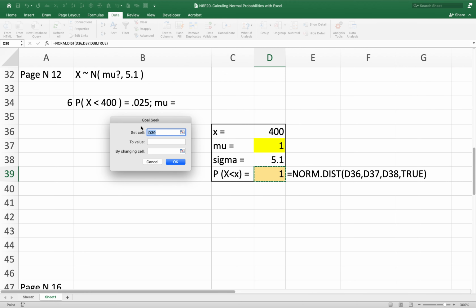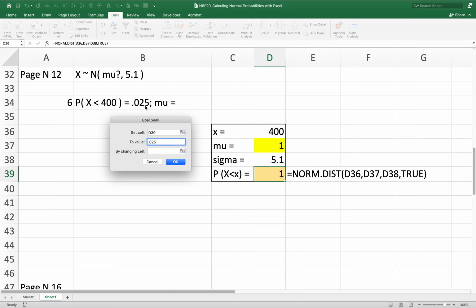Now, the set cell needs to be the cell reference of where you've got your formula. So that's why I started in D39. D39 has the NORM.DIST function. The to value is the answer that we were given, which is 0.025. That's this guy right here. Remember that a NORM.DIST function always gives you the area from some point down.